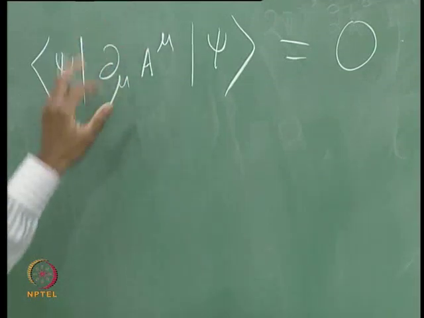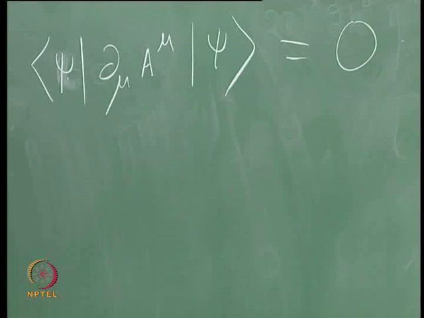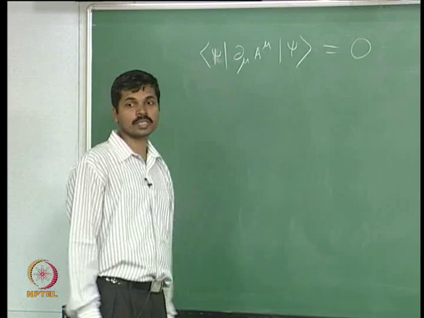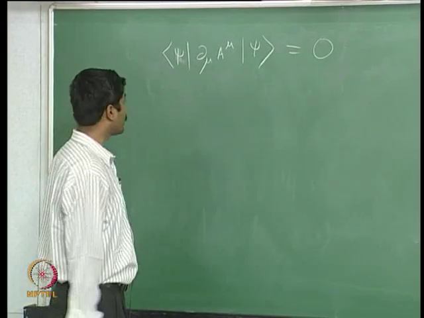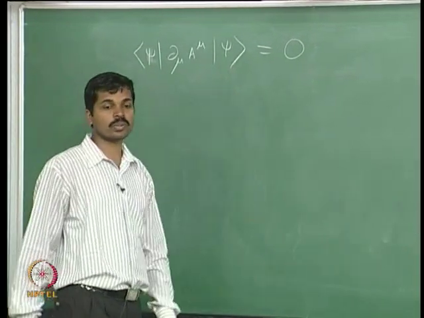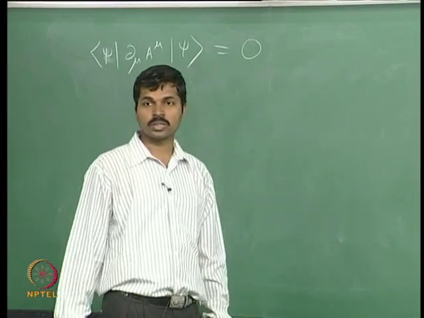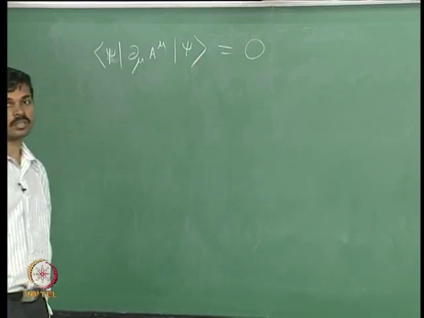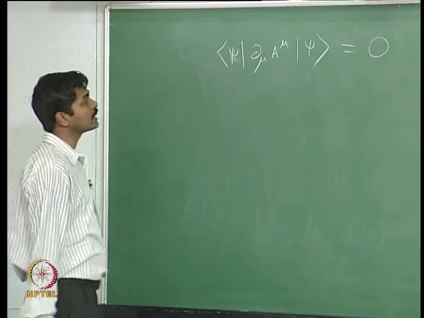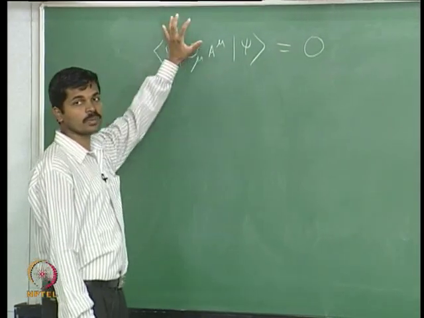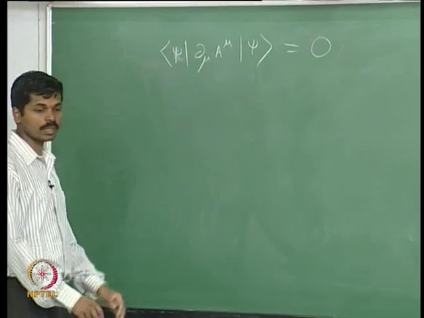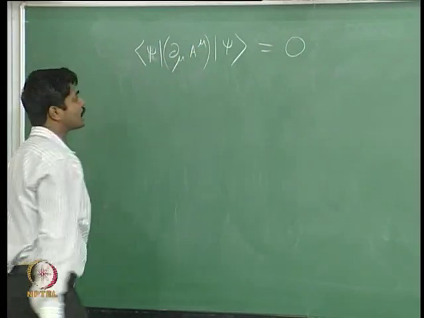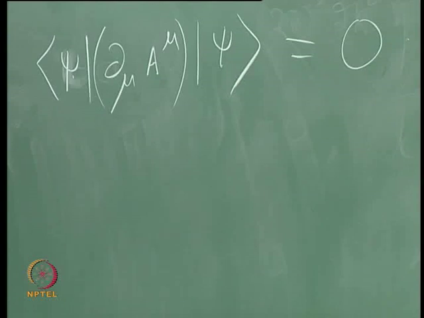Although we cannot set ∂_μ A^μ equal to 0 as an operator equation, we can consider the expectation value of this operator in any arbitrary state, and then we will require that this expectation value is always 0. So a state is a physical state if it satisfies this condition; otherwise, it is not a physical state. And then we will see what is the implication of this physical state condition.